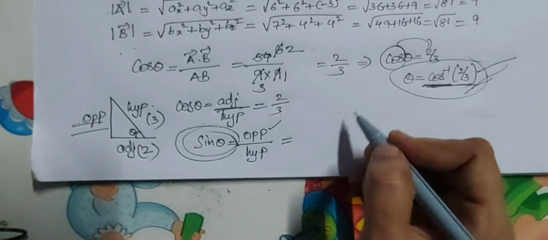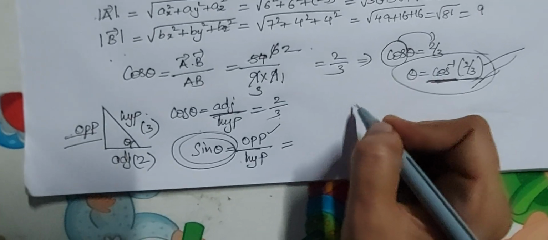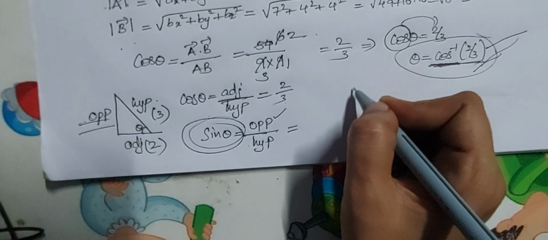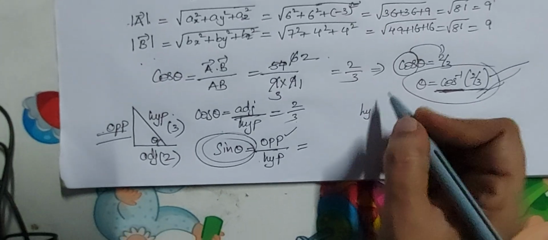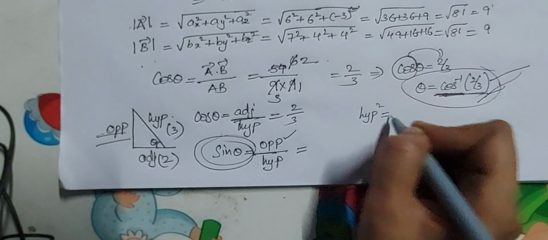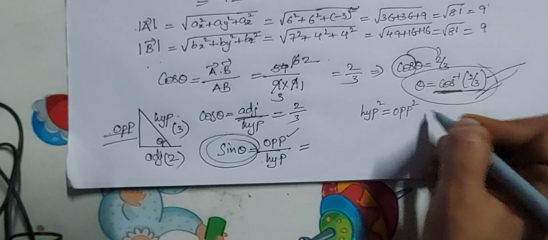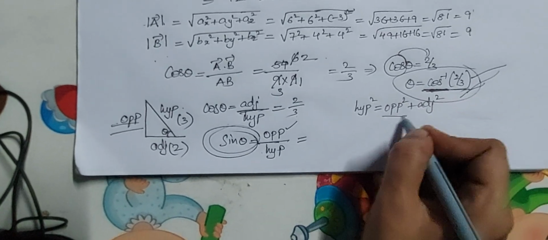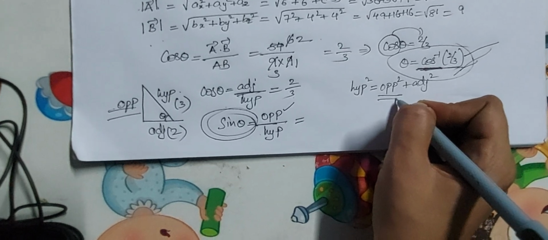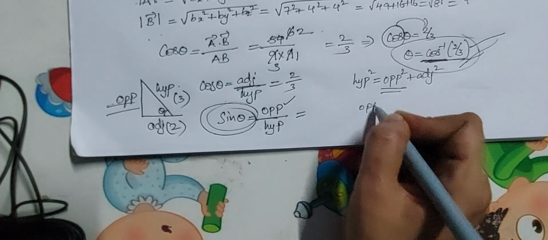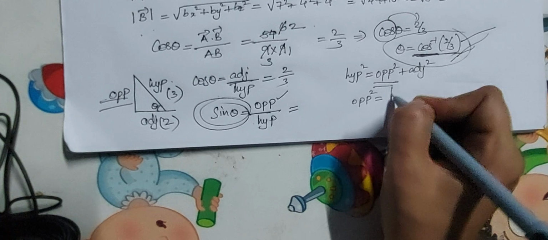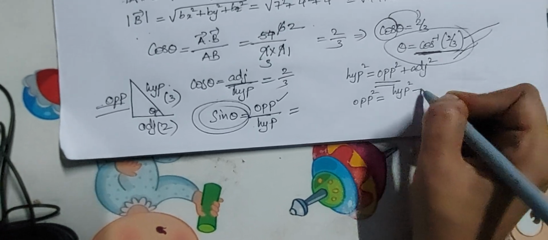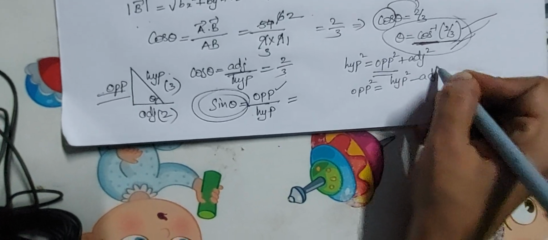To find the opposite side, we go for the Pythagoras theorem. Hypotenuse square is equal to opposite square plus adjacent square. From here we need to find the opposite side. Opposite square is equal to hypotenuse square minus adjacent square.